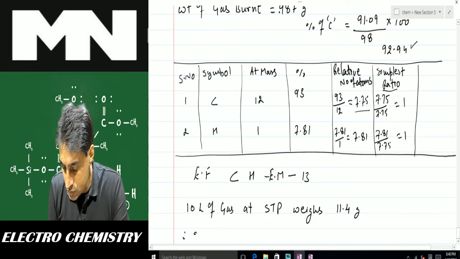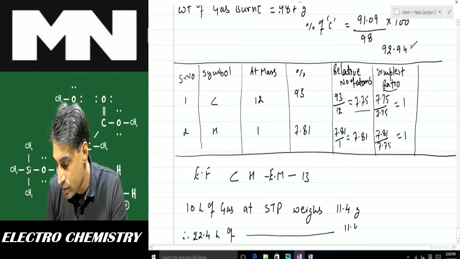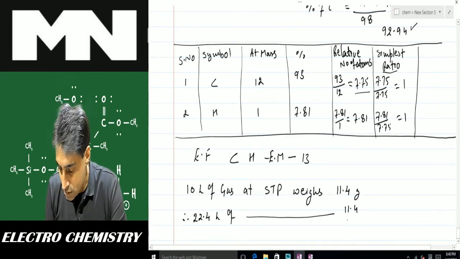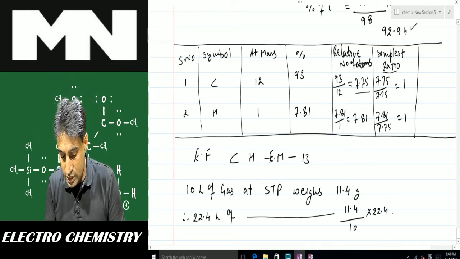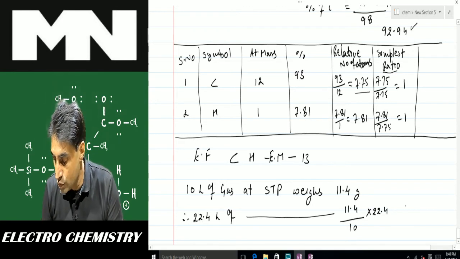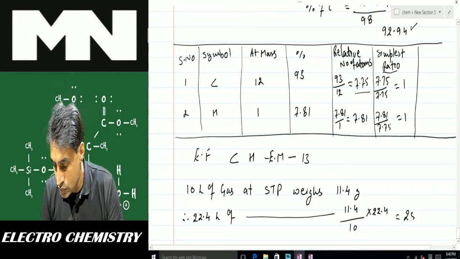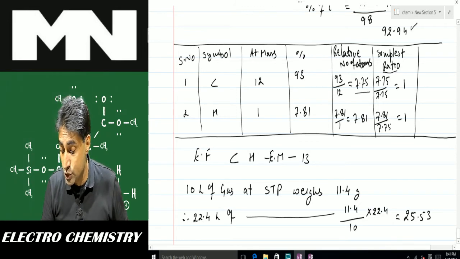Therefore, 22.4 liters of gas at STP will weigh 11.4 divided by 10 into 22.4. So that is 22.4 into 1.14. It comes out to be 25.53. 25.53 is the molar mass which I am getting.